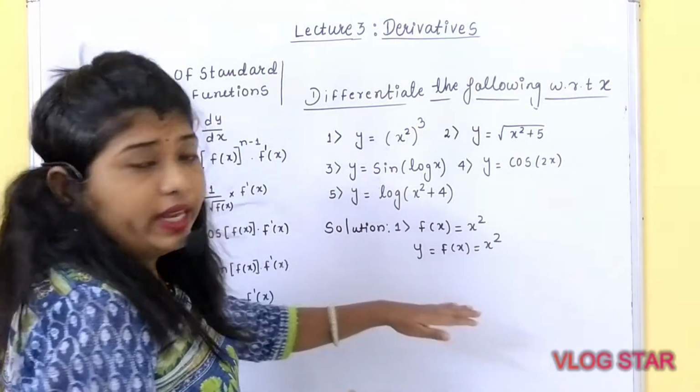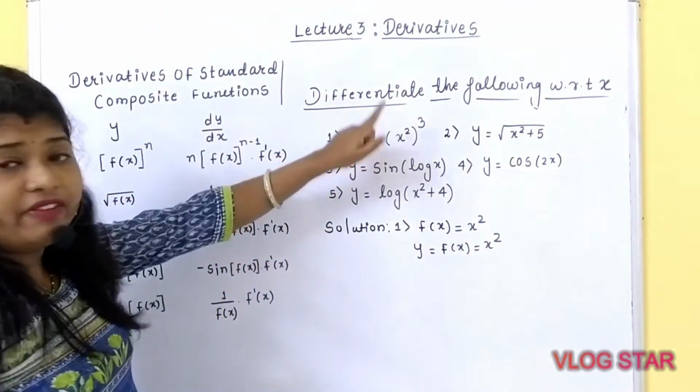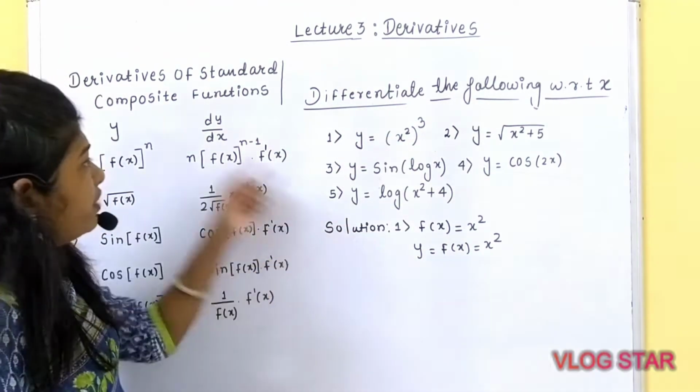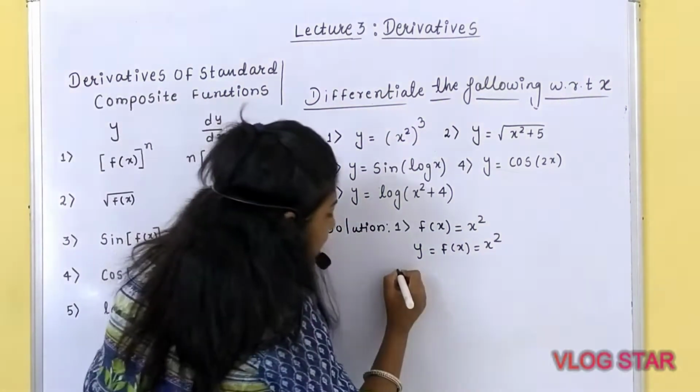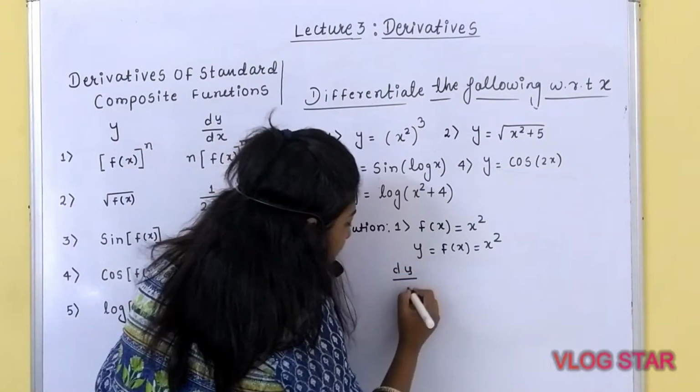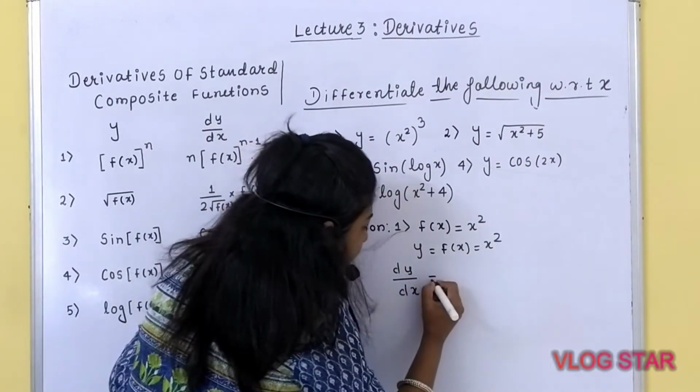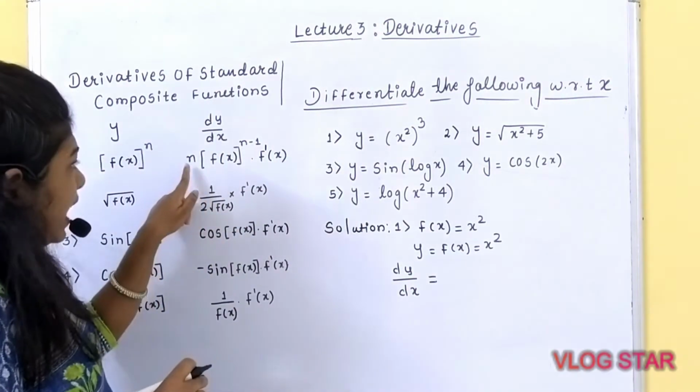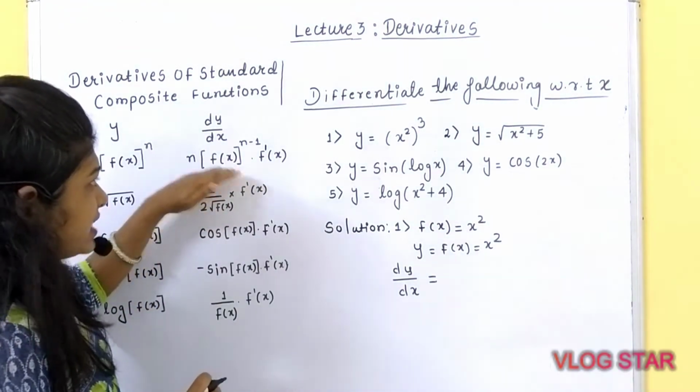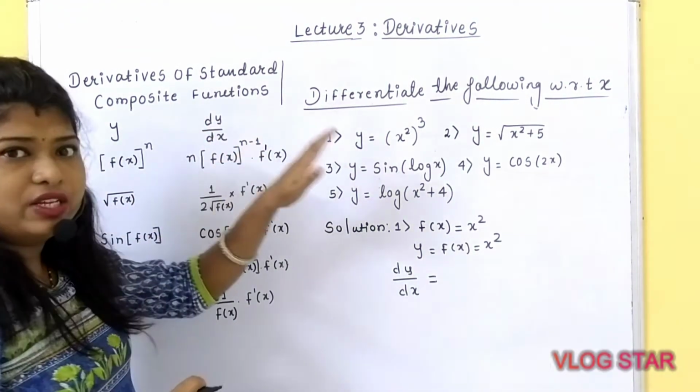Next, if you take the derivative of this function with respect to x, what will you get? dy by dx is equal to n into f of x raised to n minus 1.